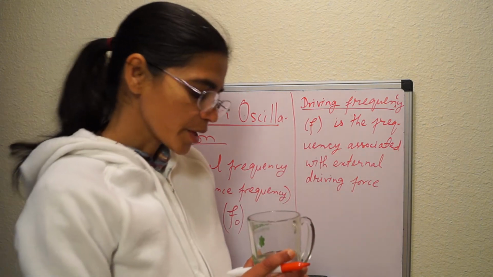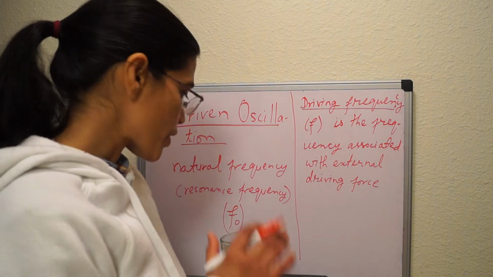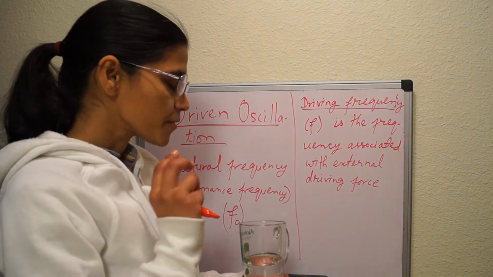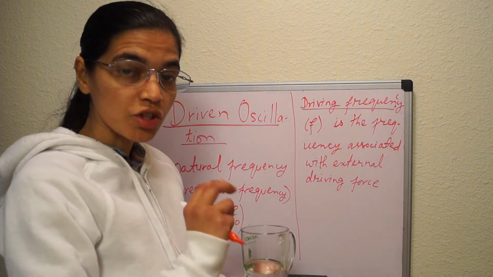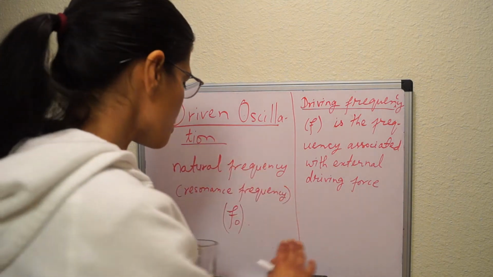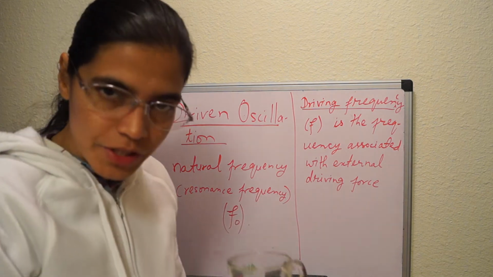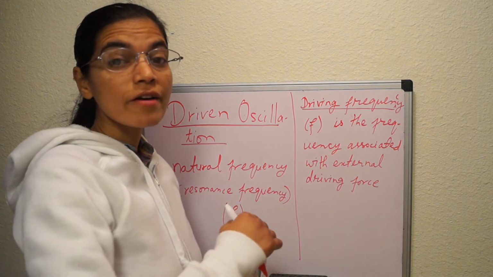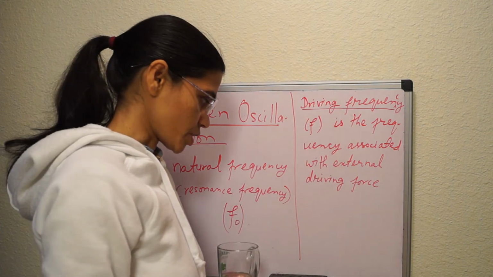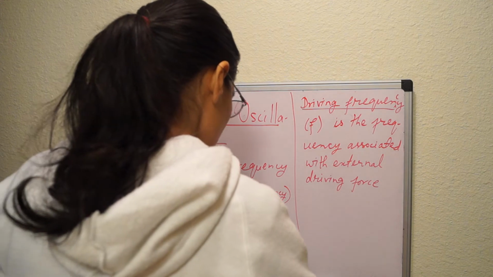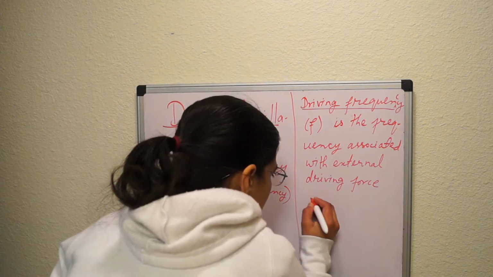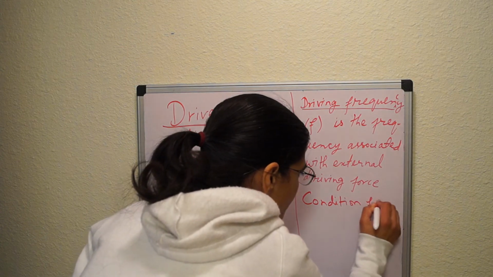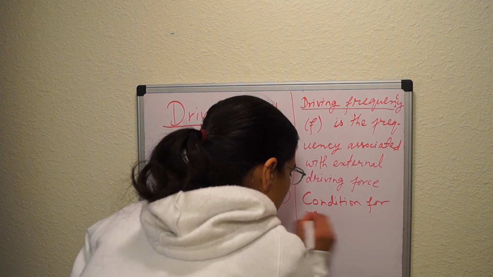If the driving frequency from the external driving force is very close to the natural frequency of the system, then there is going to occur a very, very large oscillation. This situation is called resonance.